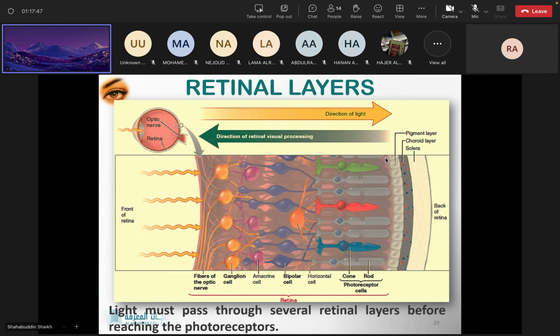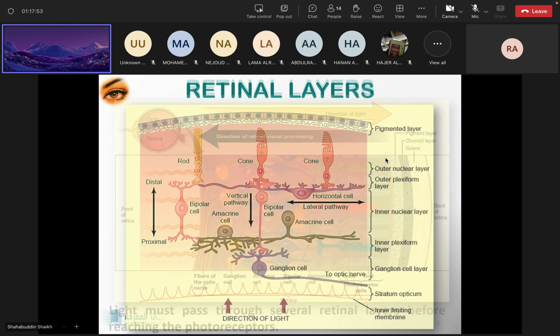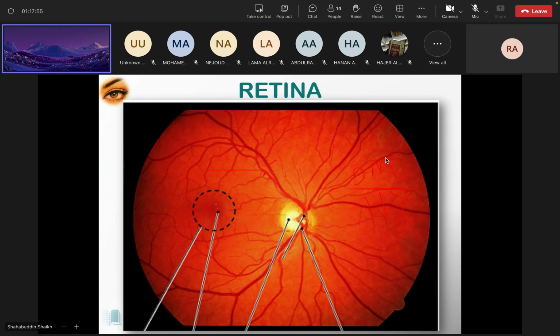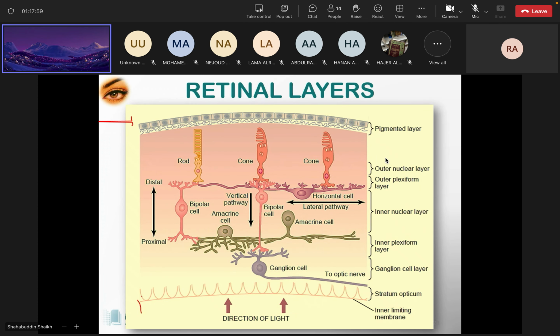But Alhamdulillah, there is a place on the retina where this flaw is removed. That place is fovea centralis. In this fovea centralis, suppose this is the retina here, and these are the layers. In the fovea centralis, these layers are not there.